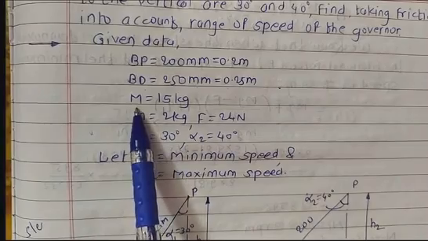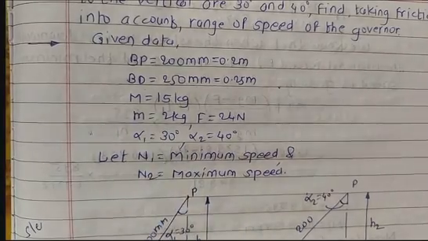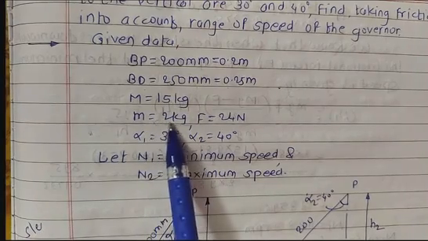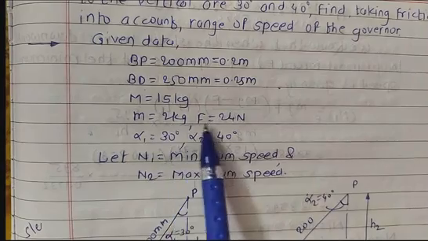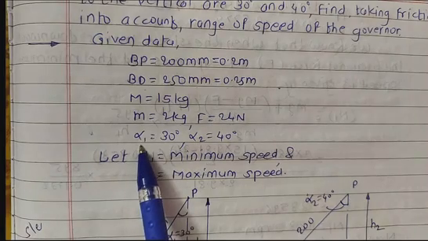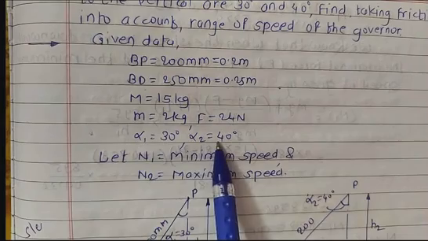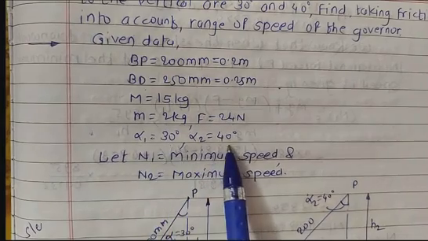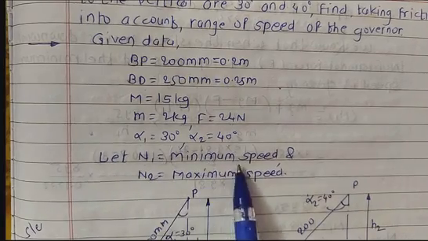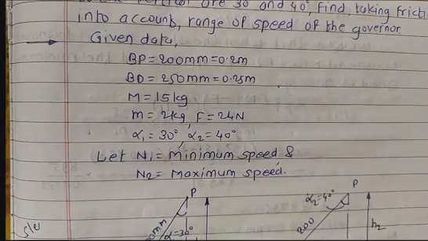Then mass acting on the sleeve is 15 kg. Then mass of each ball is given as 2 kg. Write it here: frictional force is 24 Newton. Here the inclinations made by both the arms with the vertical axis are given as 30° and 40° respectively. Let us consider n1 is nothing but the minimum speed, n2 is nothing but the maximum speed.